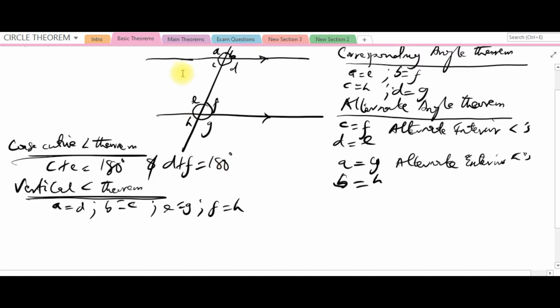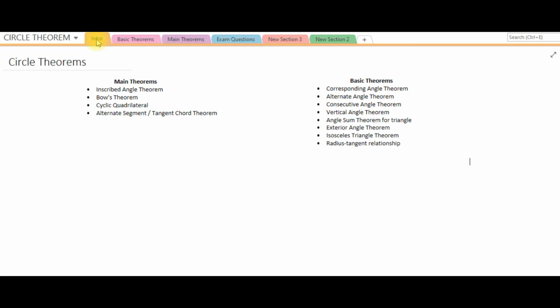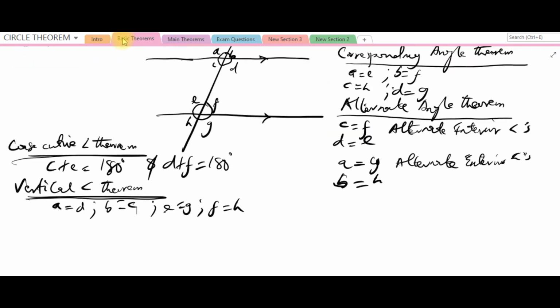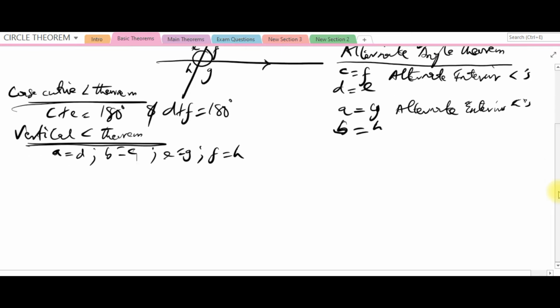So the next basic theorem we are going to look at is the angle sum theorem. We are also conversant with it. We've been using it. It states that the sum of the interior angles of a triangle is 180. So, angle sum theorem for triangles.